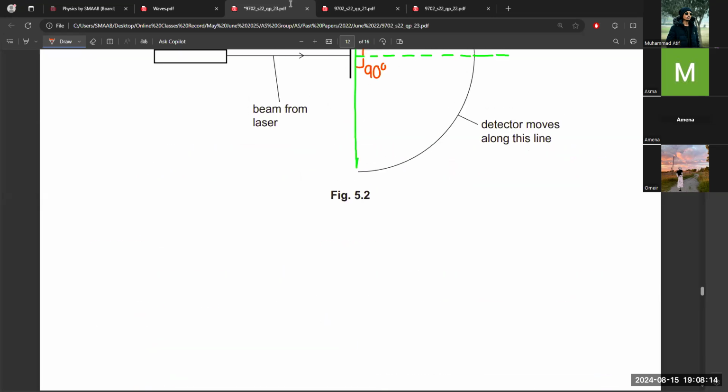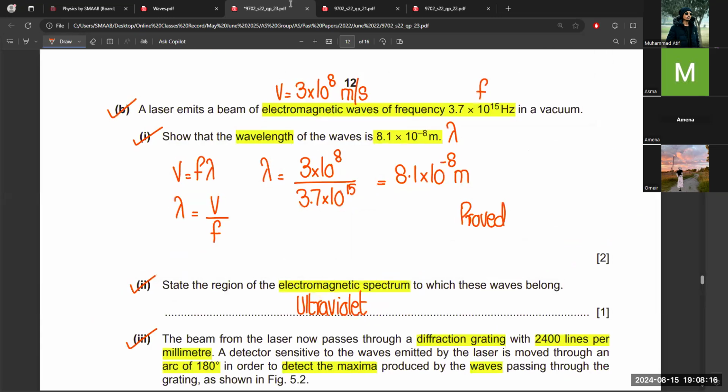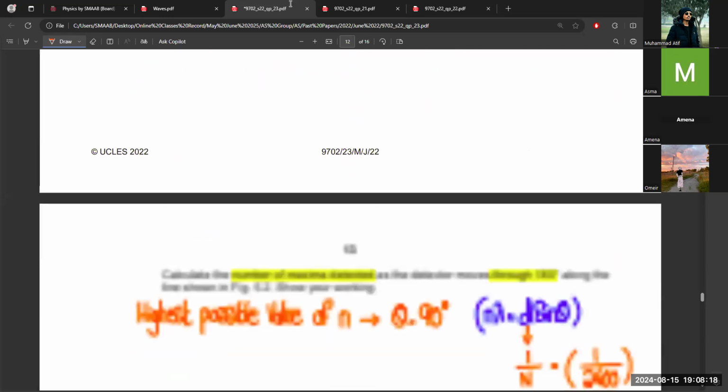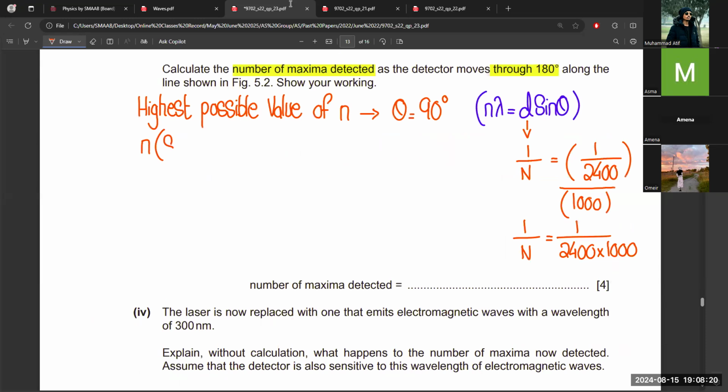Now according to the formula, n is unknown. The wavelength we calculated in the previous part, that is 8.1 times 10 to the power minus 8. And lambda is equal to, in the place of d, we use this value, 1 over 2,400,000, multiplied by sine 90. Sine 90 is equal to 1.